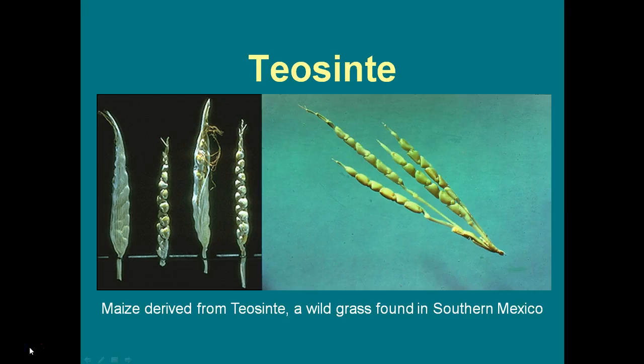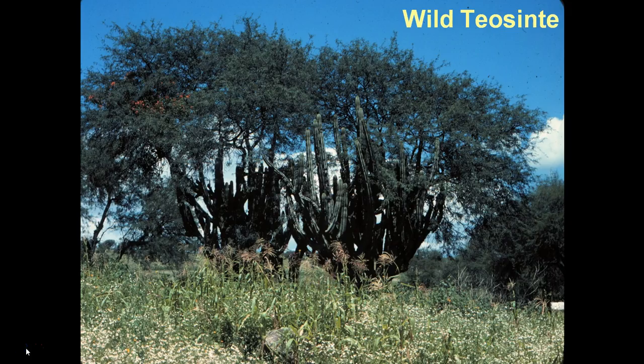Maize derived from a wild grass that's found in southern Mexico called teosinte. Now on the left you can see how these tiny little cobs of teosinte can be seen as ancestral to modern cobs of corn. And here we see some teosinte growing wild still today in southern Mexico. It is the grasses that you see in the foreground here.